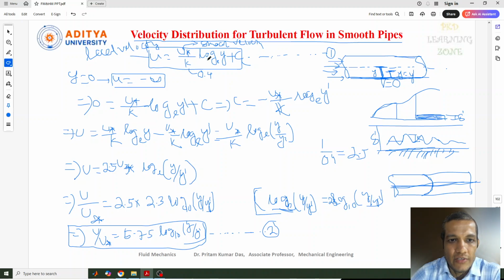But as you have seen in this equation, if you put y equal to 0, what is the velocity value? We get minus infinity. So we have taken y equal to some distance, so that we get some positive value. That means this curve will start from some distance y equal to y dash.